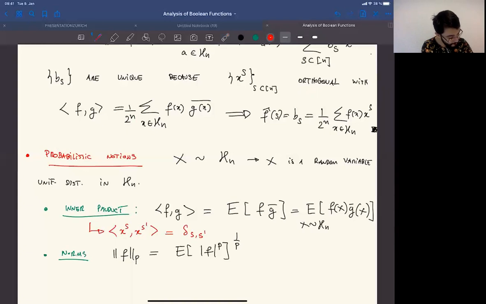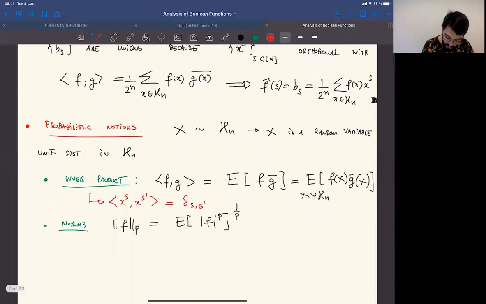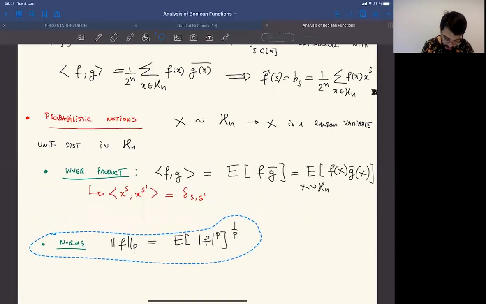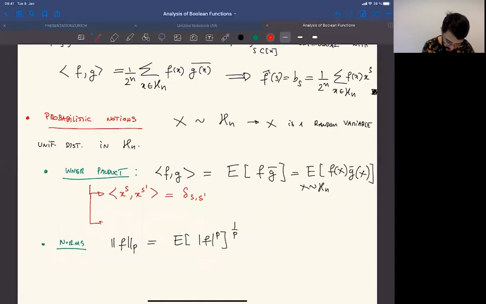Okay. And so, for instance, maybe I should move this thing a bit down and do one more thing. And then I can write the Fourier coefficient of a function just as the expectation of f of x times x to the s. Okay.